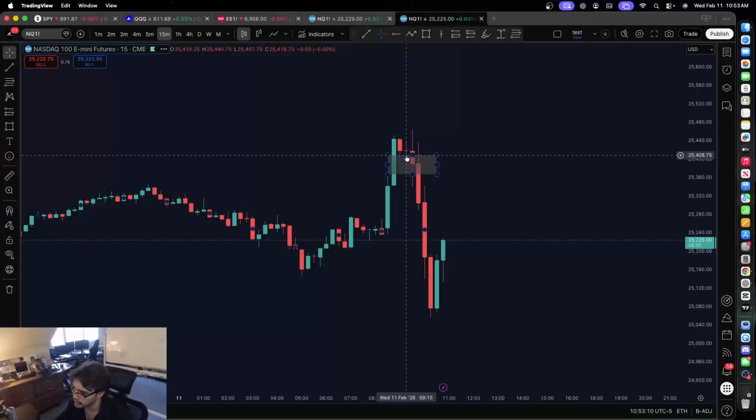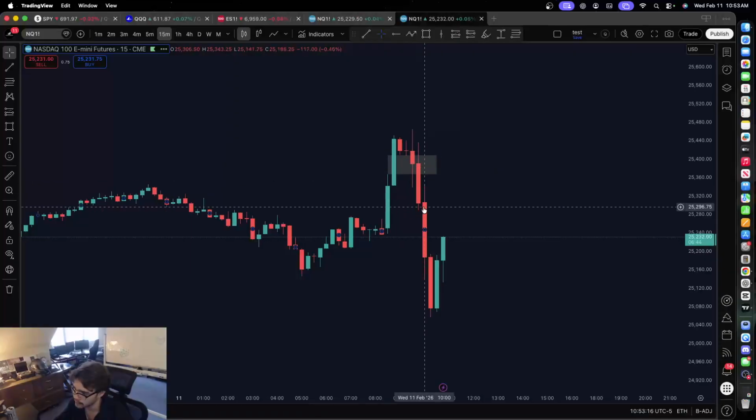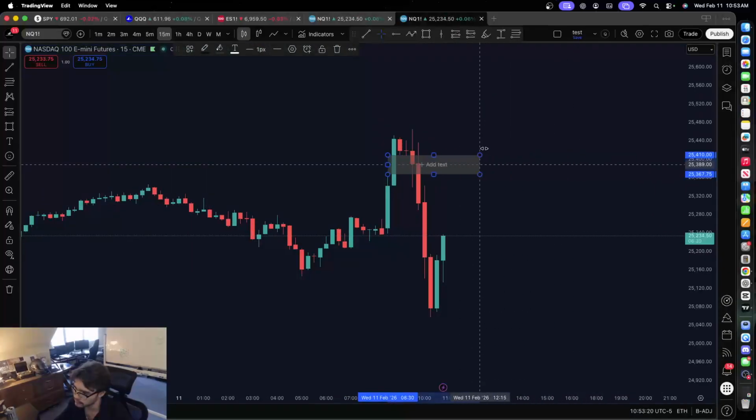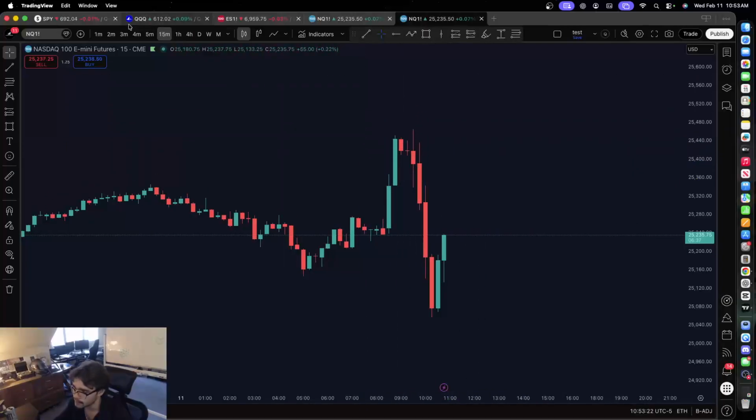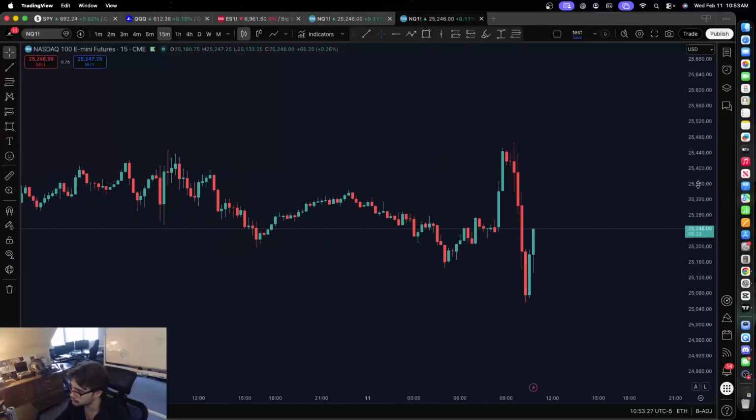We came down, we respected it on this 15-minute candle. We created a low. They respected it. It did hit the other fair value gap, but then the next candle closed below it, and we inverted this fair value gap. I'm actually kind of curious to see something. Okay. Technically, yeah. So that is what gets rid of them.